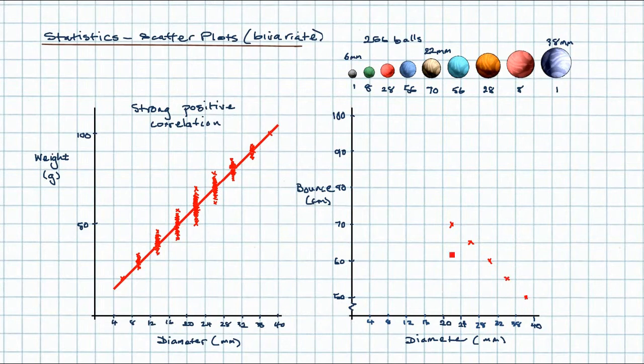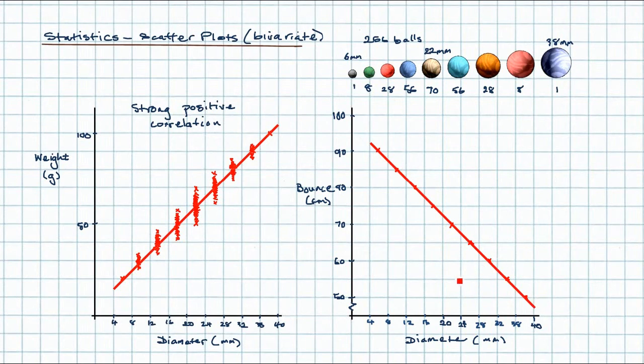Similarly, as the diameter goes down, the bounce height goes up. So now we can draw our line of best fit through these sort of perfect correlations, if you like. But as we know, this doesn't happen in practice.